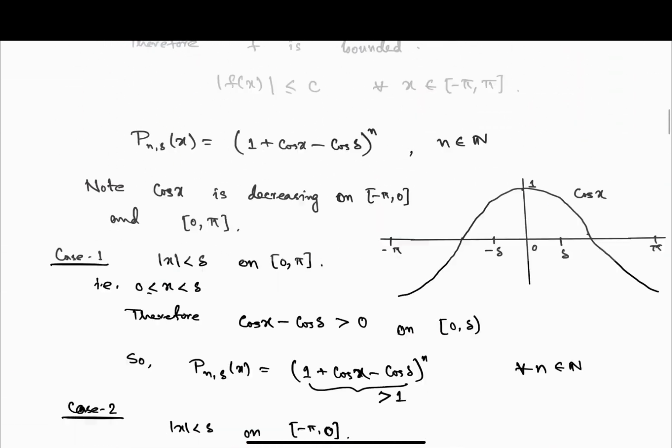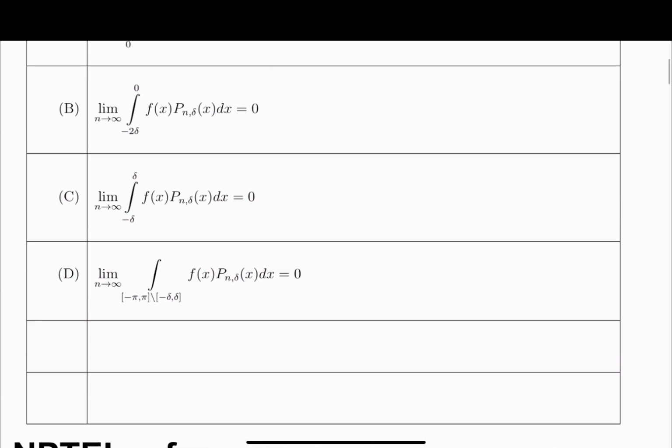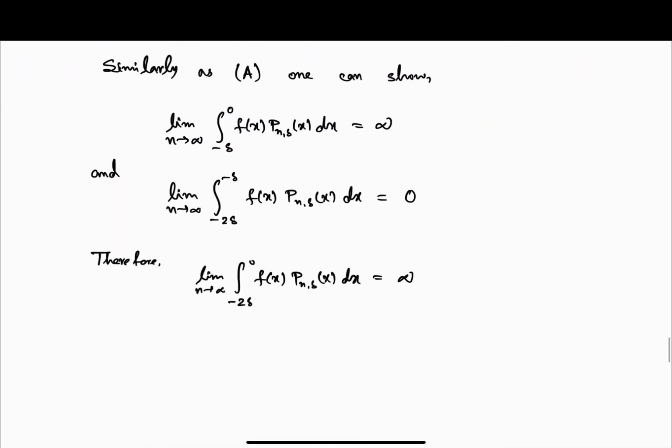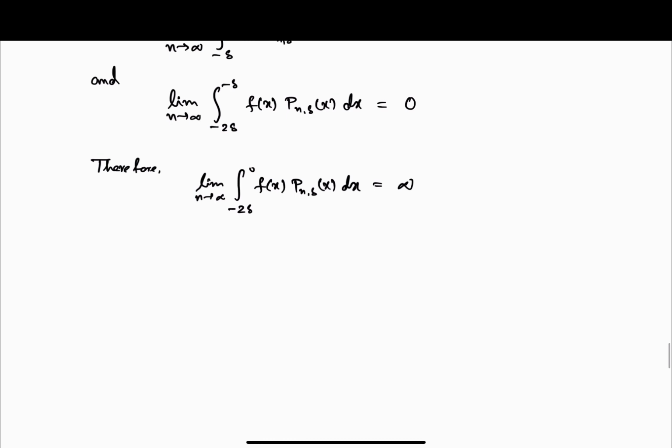And what happened to option D? Option C? Option C is basically again similar, minus delta to 0 and 0 to delta you can write. So for option C, you have to find limit n tends to infinity, minus delta to delta, f(x) p_n delta(x) dx.